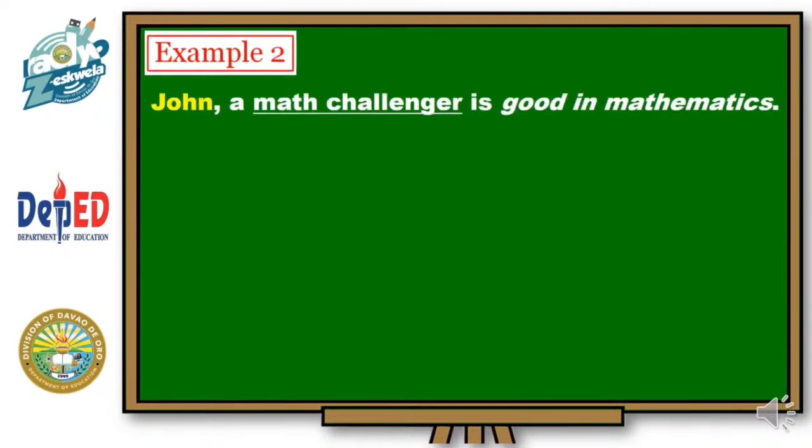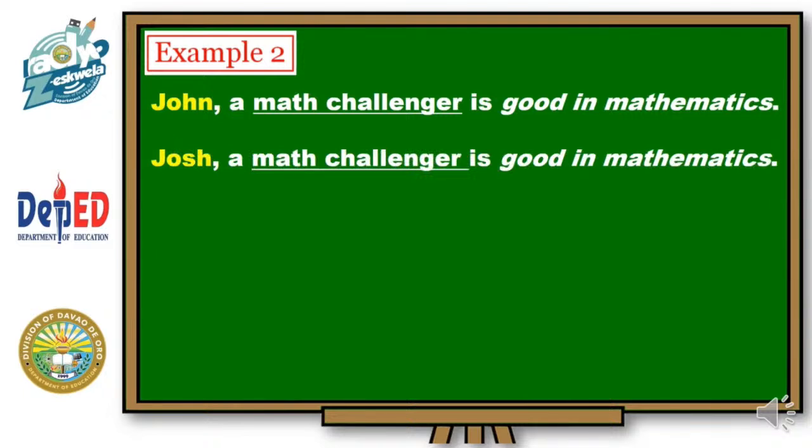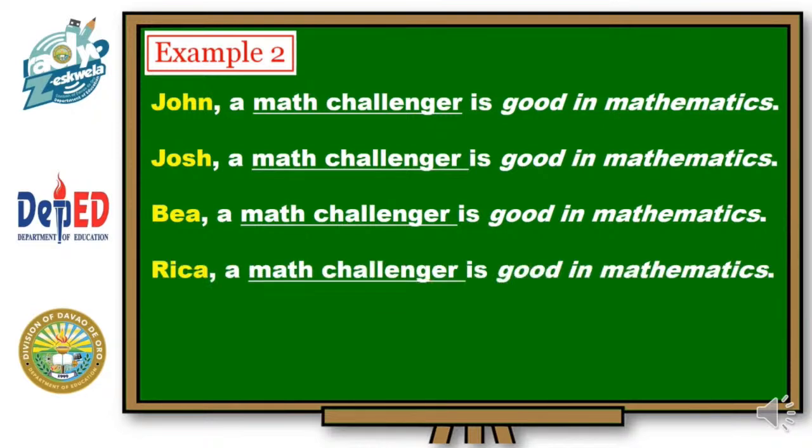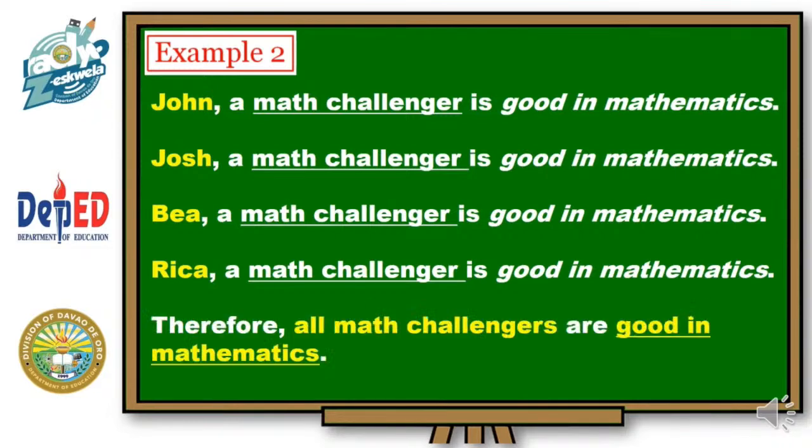Observe this next example. Second example. John, a math challenger, is good in mathematics. Josh, a math challenger, is good also in mathematics. Bea, also a math challenger, is good in mathematics. And Rika, who is also a math challenger, is also good in mathematics.